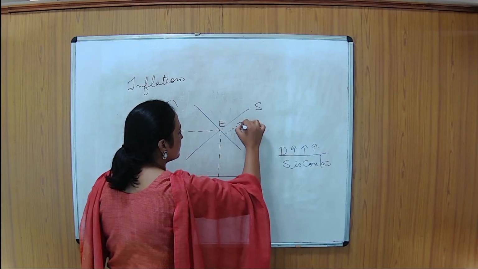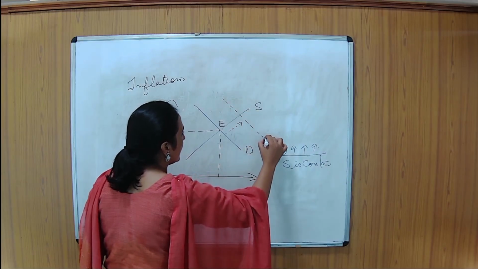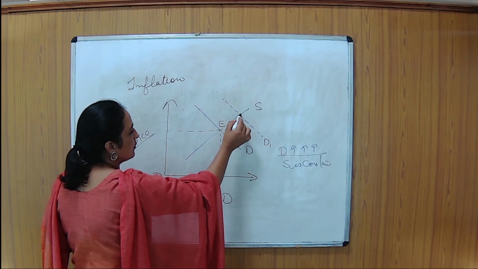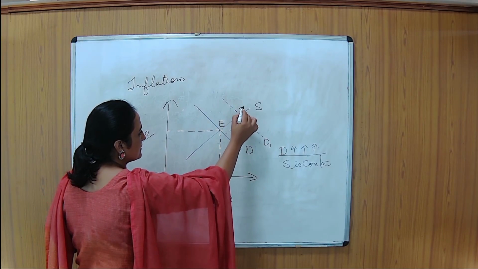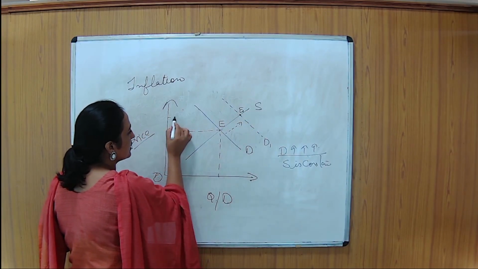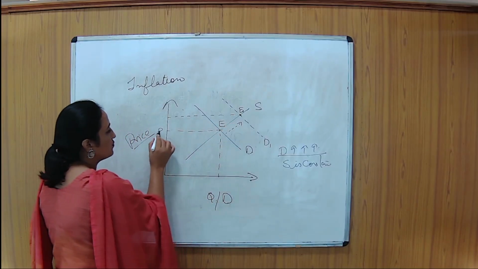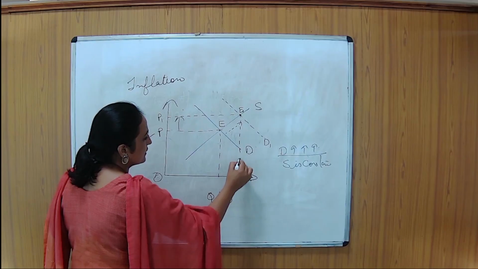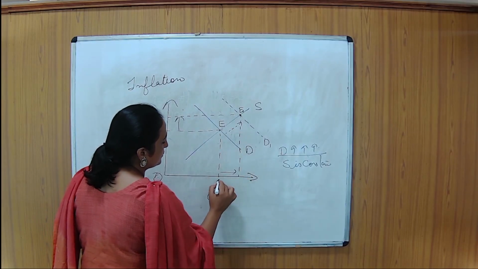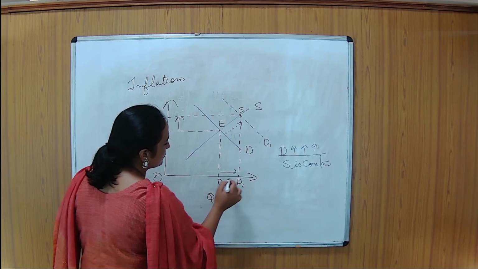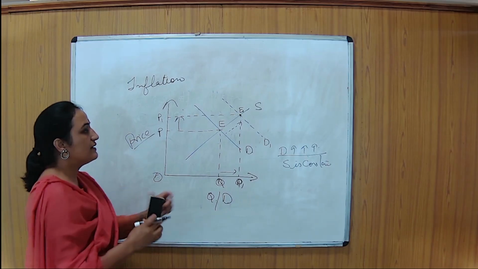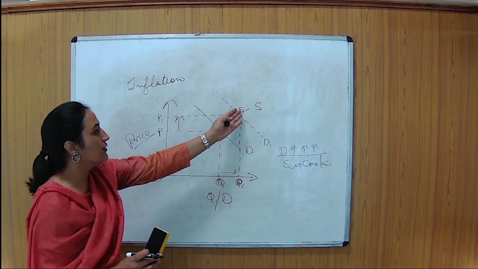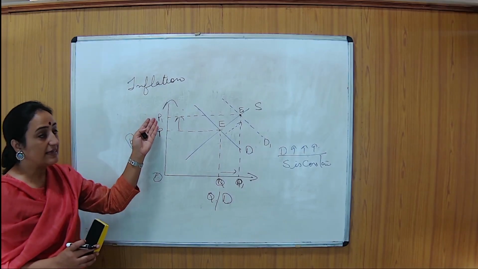So we shift the demand curve in the upward direction, and this is D1. Corresponding to this demand curve on the supply curve, the new equilibrium is E1, and corresponding to this equilibrium point, this is price P and this is price P1. When we increase demand from D to D1, or Q to Q1, there will be a new, increased price.